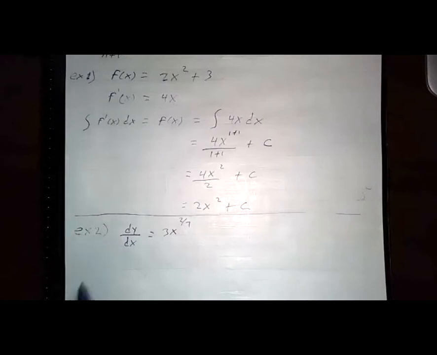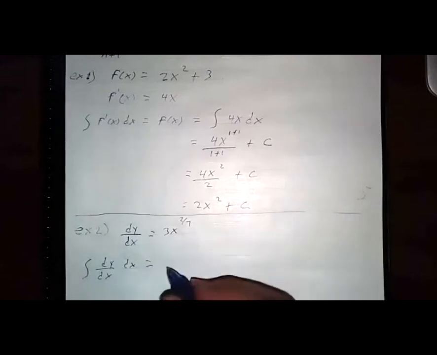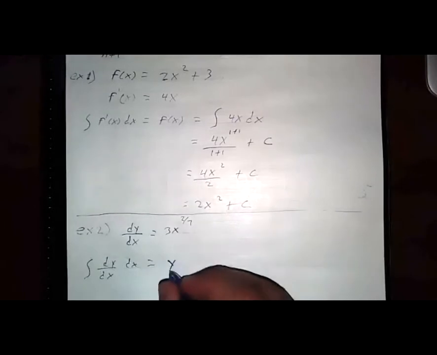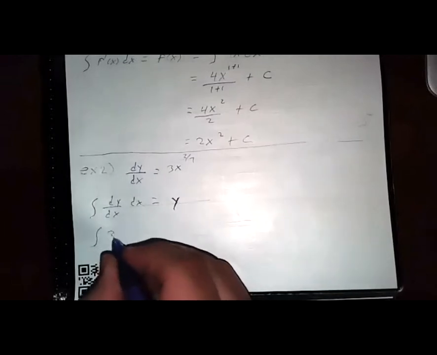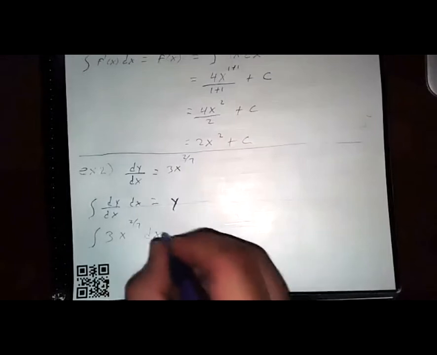So the idea here is that if I were to integrate dy/dx with respect to x, that would give me y. It would undo the derivative. So that's what we're going to do. We're going to do the integral of 3x to the 2/7 dx.